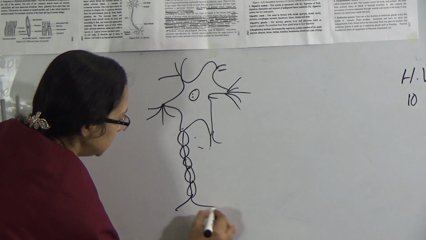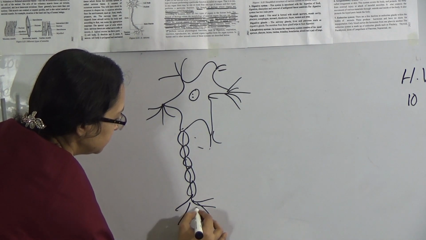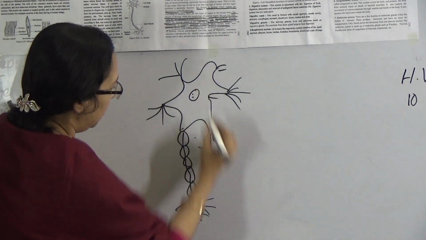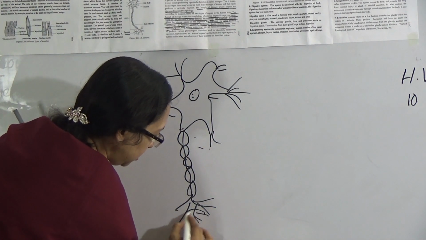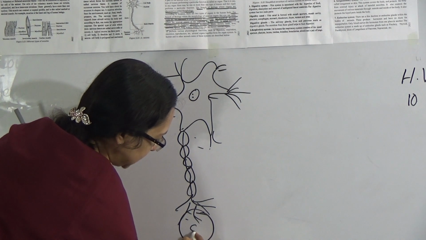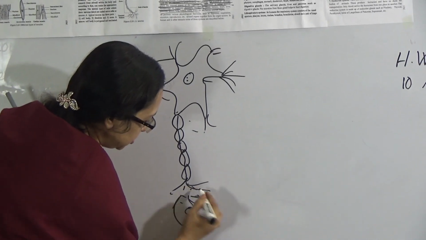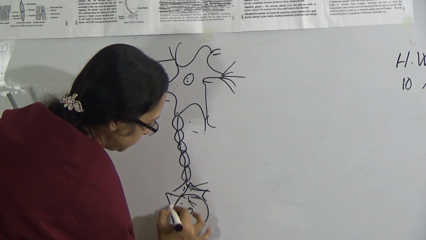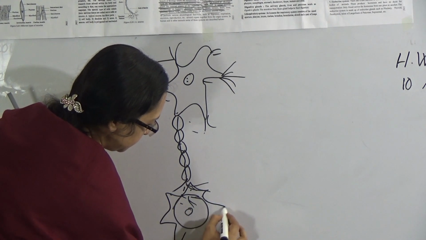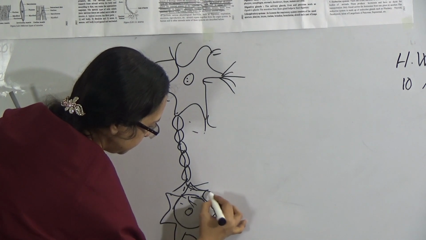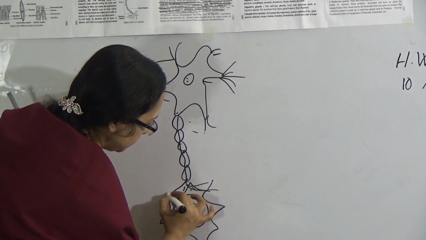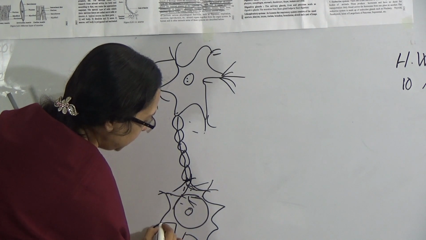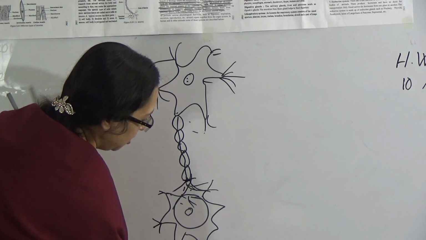Then it is elongated. Again here the cell body of a neuron is attached, and also the dendron. The dendrite is attached here with the axon.